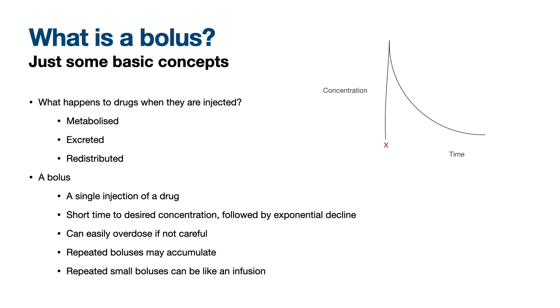It's important to say, though, that repeated boluses may accumulate, particularly if the patient has liver failure or renal failure. And if we go on to the next slide, you can imagine that repeated small boluses can almost act a little bit like an infusion.